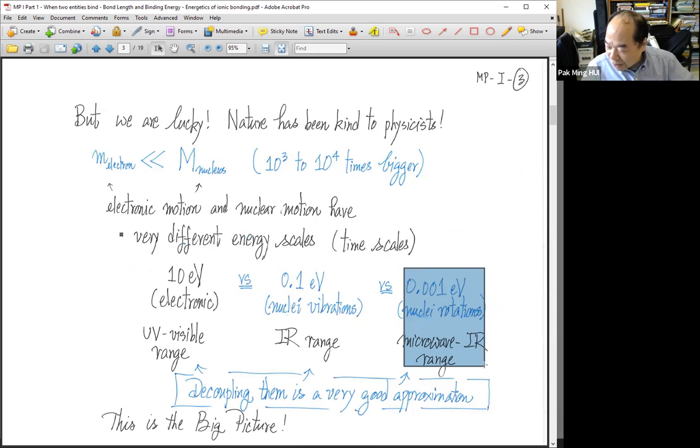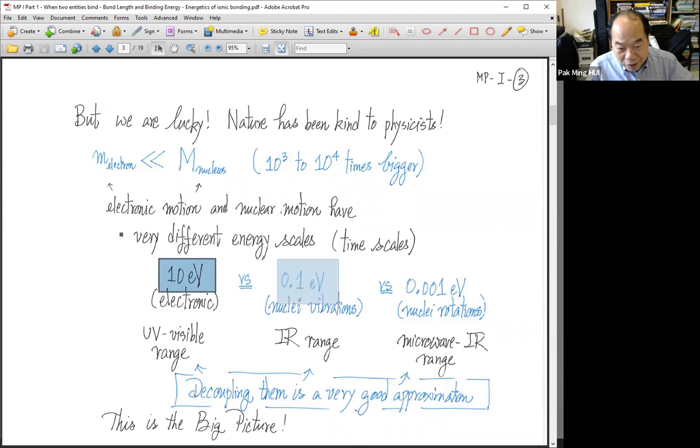So what I want to say here is the following. Because the electron mass is so much smaller than the nuclei mass, we are lucky, because the energies are very different, off by 1% and then another 1%, because of the difference in energy scale.